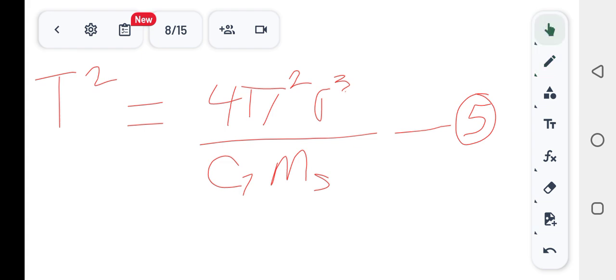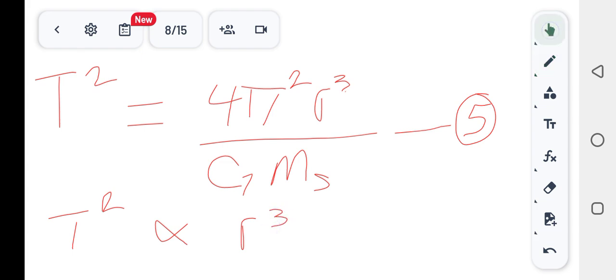This equation is the last expression we are going to derive here. If you look at it very well, it implies Kepler's third law. From this equation we can say that the square of t is directly proportional to the cube of r, which is the semi-major axis.